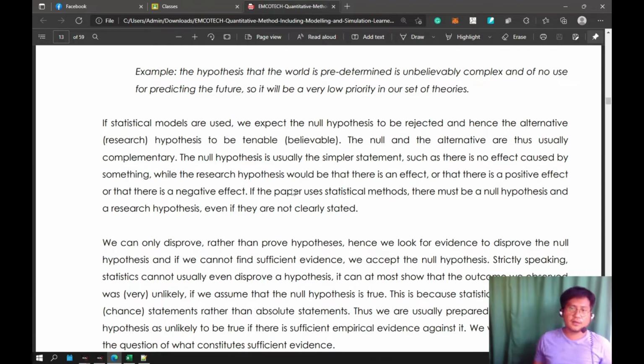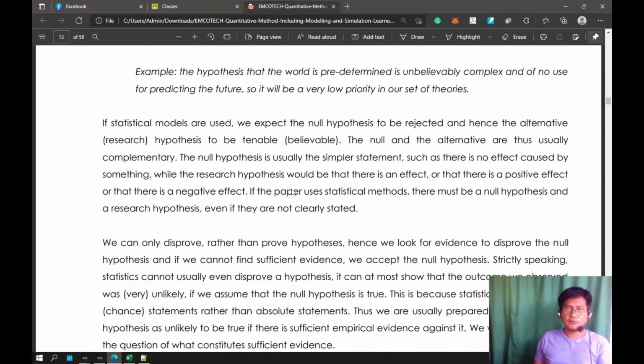So it will be a very low priority in our set of theories, because what is the purpose of predicting the future if the world is predetermined, everything is laid out, everything is already planned, it is going to happen, and you don't have any sort of interventions that will create another scenario or sway from the predetermined path?